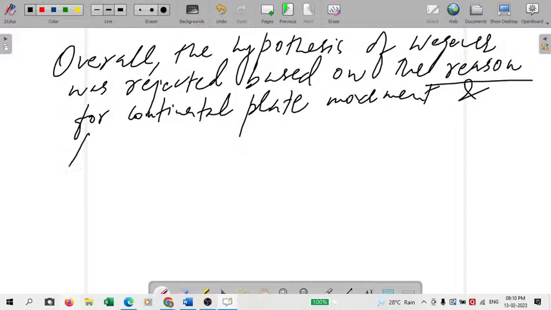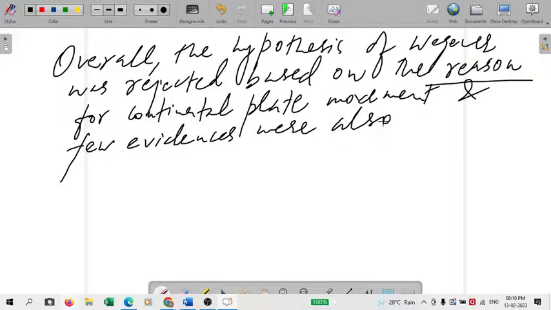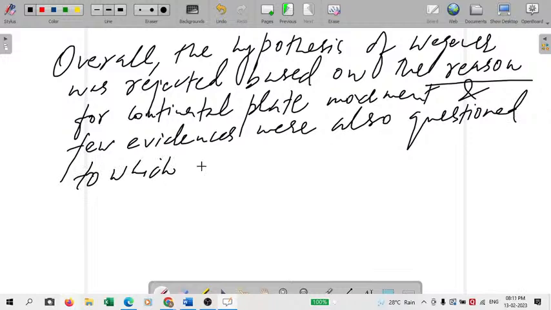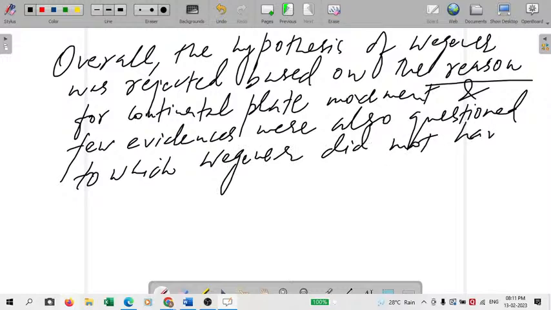And few evidences were also questioned, to which Wegener did not have a concrete answer.